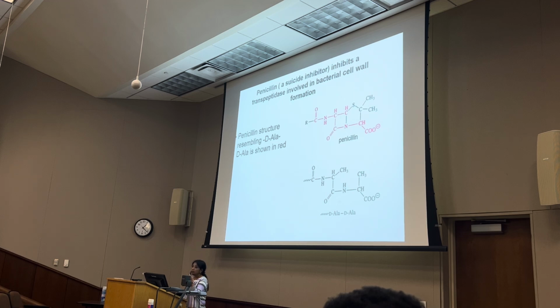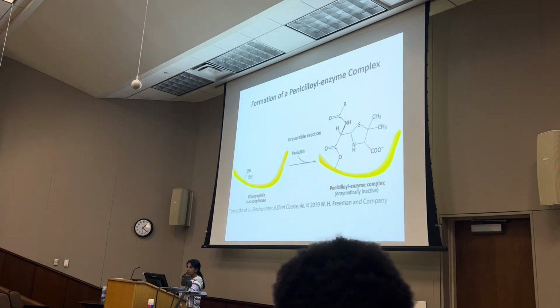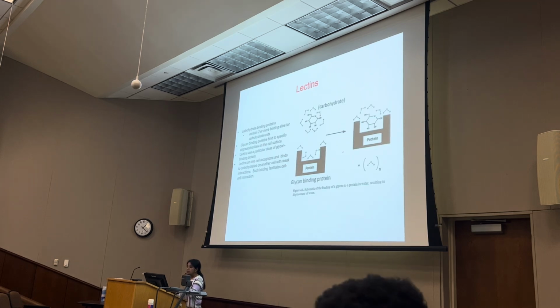But transpeptidase, because it's voluntarily taking that penicillin, they call penicillin a suicide inhibitor. Okay, so that's your reaction, that's irreversible. The penicillin binds specifically to a serine molecule within the transpeptidase, and in doing so, you prevent the building of the peptidoglycan.